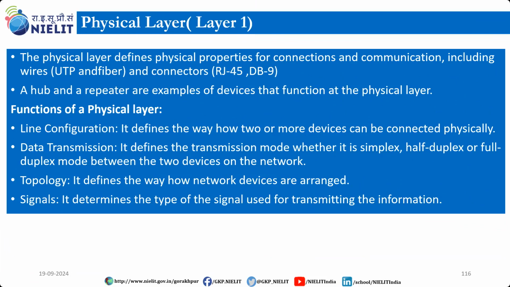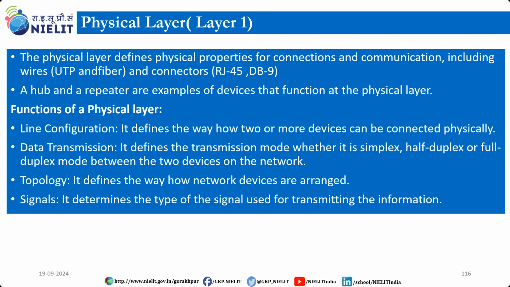With respect to computer networks, we can have a hub or repeater device at the physical layer. But there are many devices at the physical layer, such as modulation devices, transmitter devices, and transceivers. All of them contribute to the physical layer.